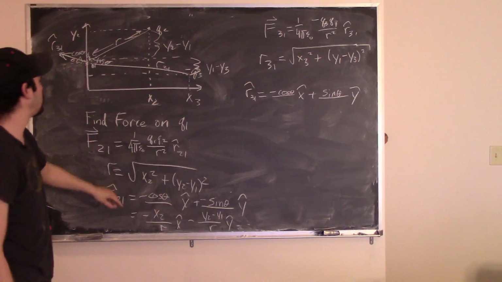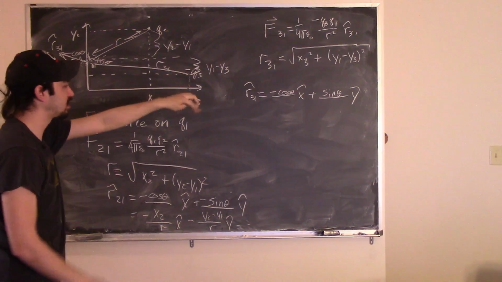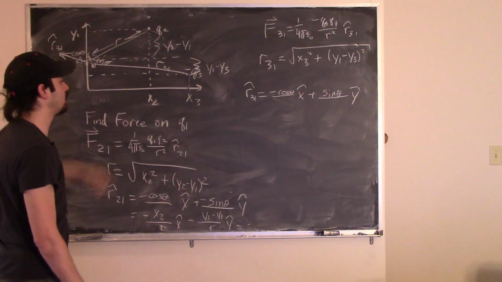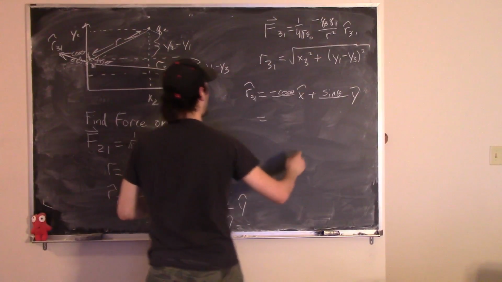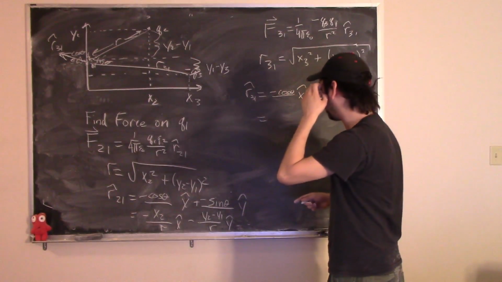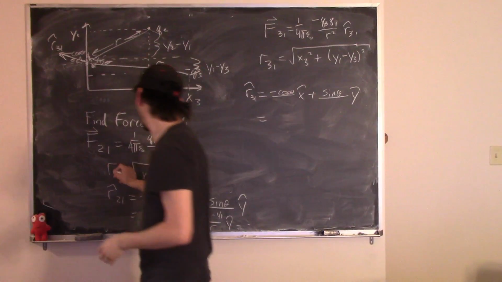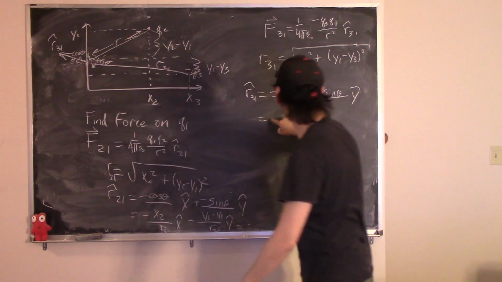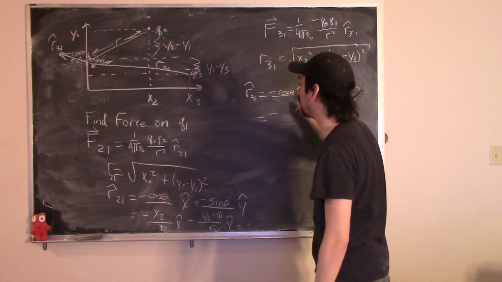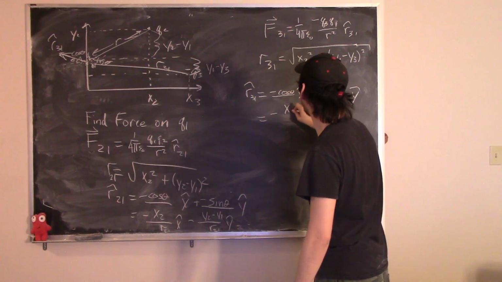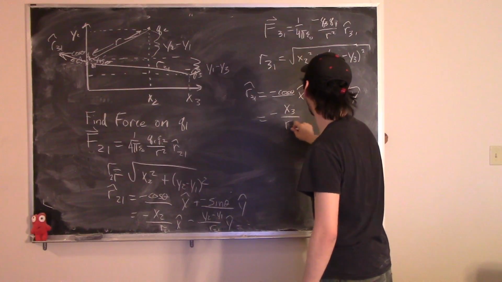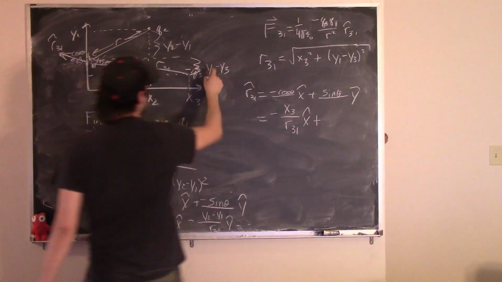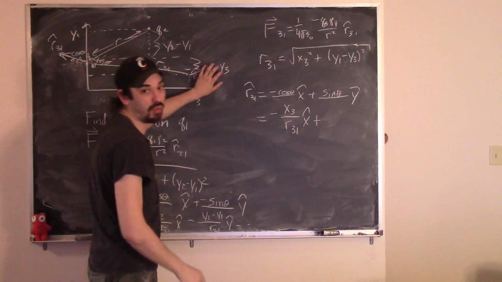So again, just like we did before, we just need to figure out what cosine and sine are in terms of the sides of the triangle. So when we look at the cosine of theta, this is going to be minus x3 divided by r31 x hat, plus the opposite side is going to be this y1 minus y3.